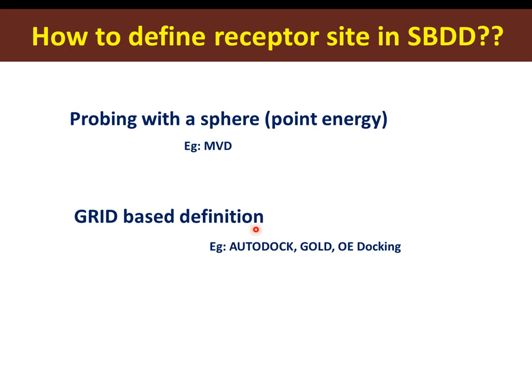Now let us see how to prepare a file or identify a receptor pocket in different software. I'll give you a demonstration for Molegro Virtual Docker as well as AutoDock software. This is the Molegro Virtual Docker user interface.